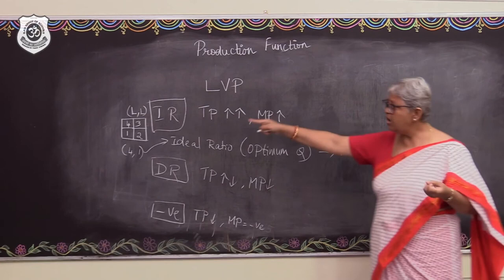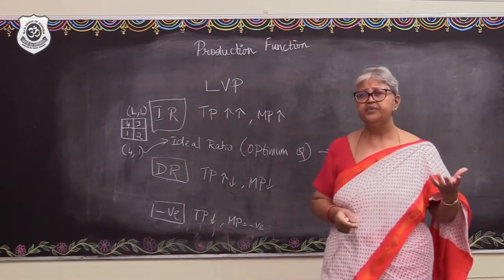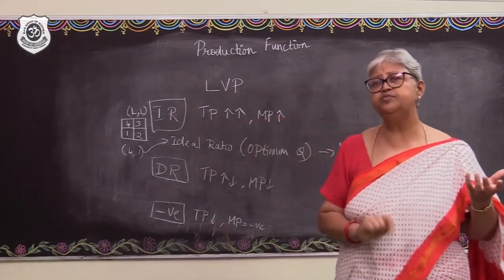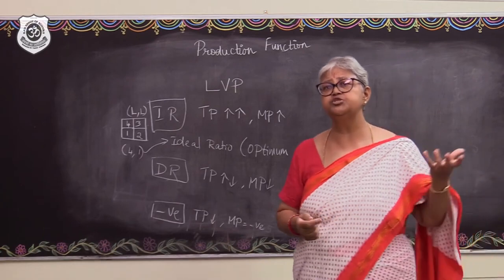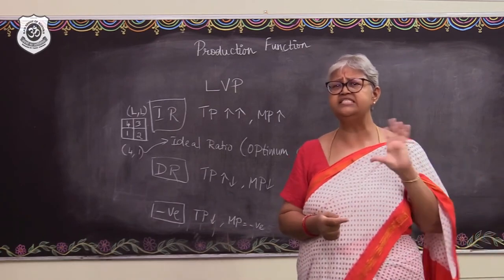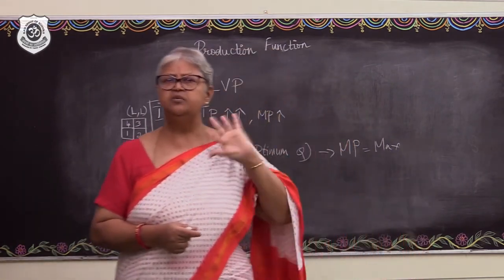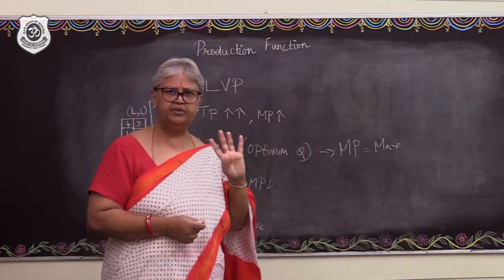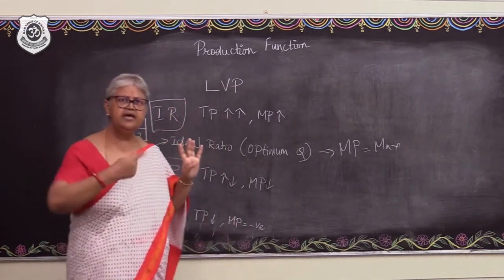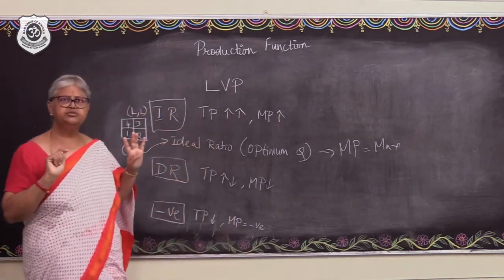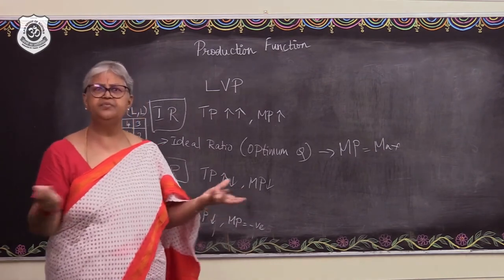Now, beyond this 4:1, if the fifth person is going to be employed in the process of production, what's going to happen? The land was just sufficient for 4 people, right? Land as a fixed factor was just sufficient for 4 people. Now, the fifth person is going to be employed. This keeps happening all the time.